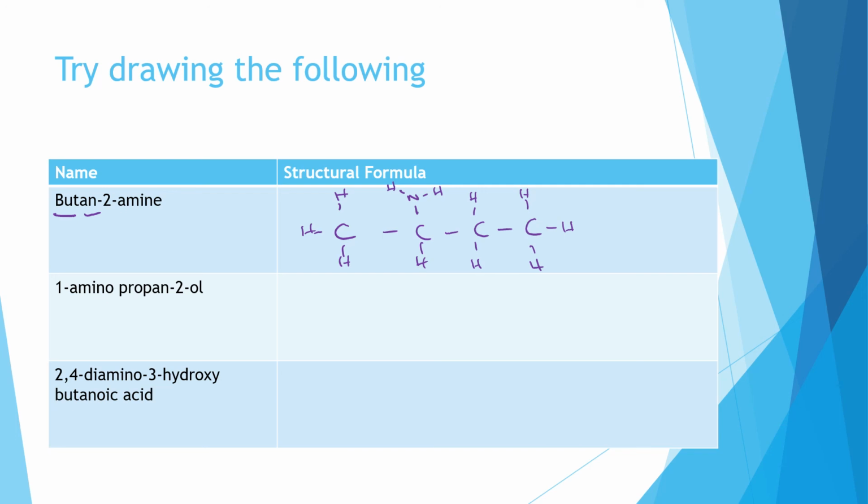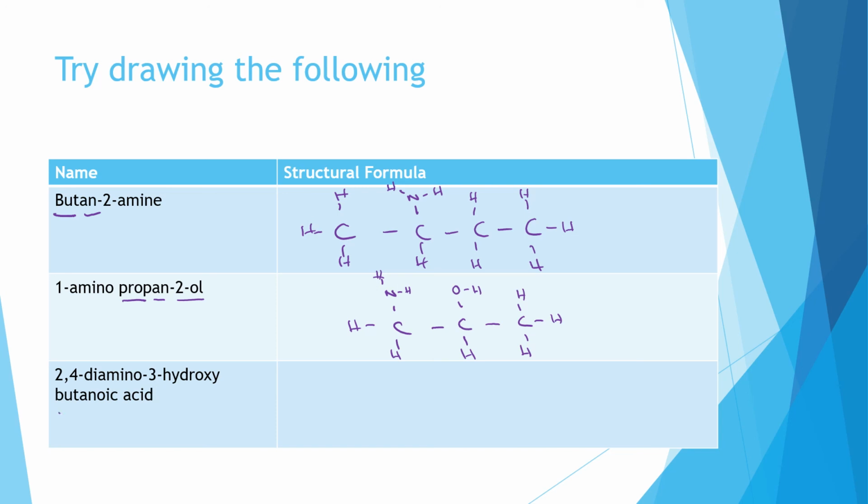Next we have 1-amino. Prop is 3 carbons and an means single bonded. 2-ol means alcohol group and 1 amino. Now put the appropriate number of hydrogens on, so each carbon has 4 bonds.